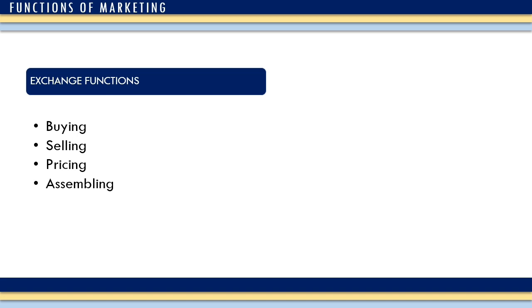Buying involves deciding what to buy, what quantity to buy, what quality of products to buy, how much to buy, from whom to buy, most importantly, when to buy it, and at what price. These are some of the decisions undertaken by the distributor, the wholesaler, the retailer.